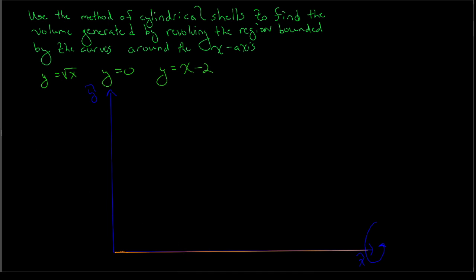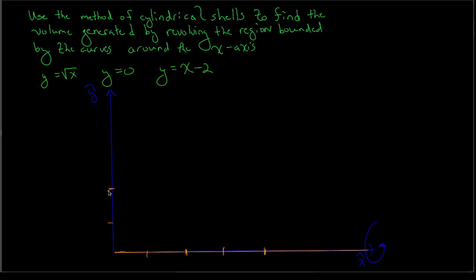So I need to put some rough hash marks. Let's say that'll be 1. That'll be 1. Which means roughly that's 2. Okay, 2, 3, 4.